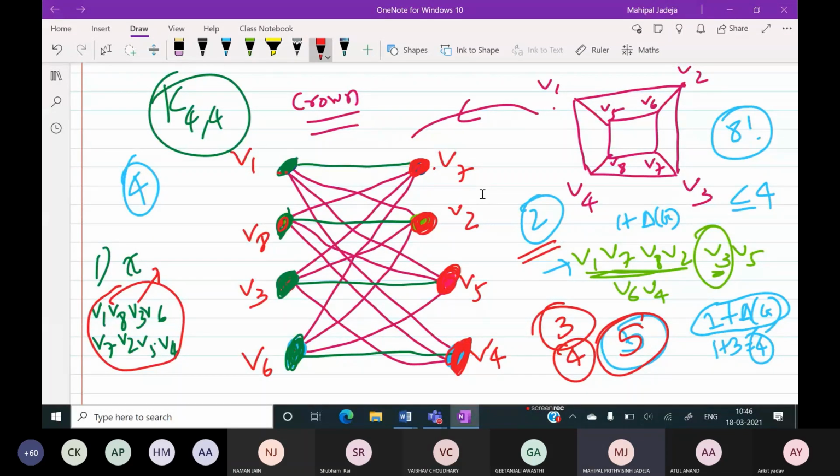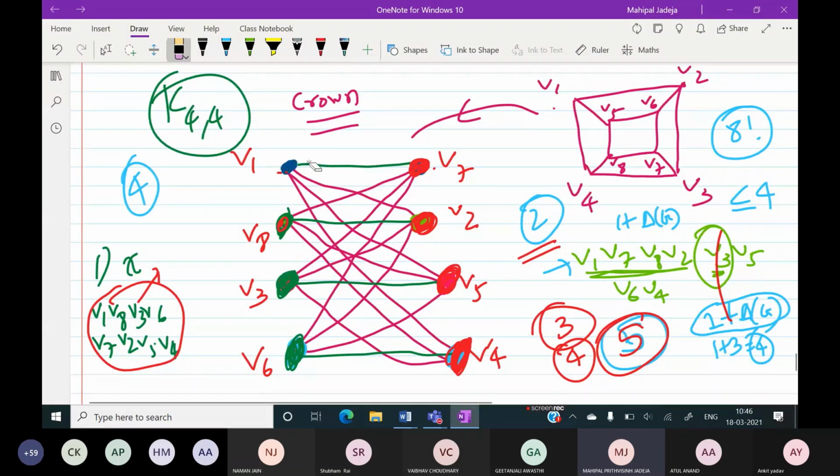So in some cases, for some special types of graphs, your greedy coloring will give you the optimal answer, but it's not the case that it will give you the optimal answer in all the cases, in all the orderings, right? For example, if we consider this particular crown graph, if we ignore these horizontal edges, then it was giving us the optimal answer for some ordering and a non-optimal answer for some other orderings, right?